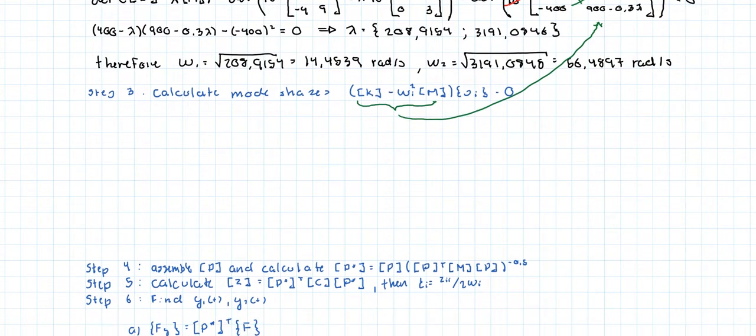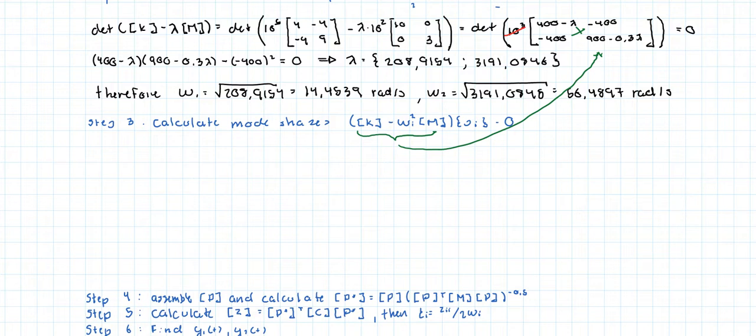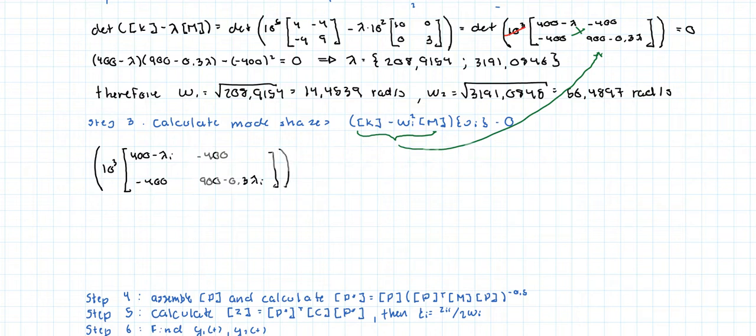So we're just gonna take 10 to the third times 400 minus lambda sub I, minus 400, minus 400, and 900 minus 0.3 lambda sub I, times the mode shape vector 1 and r sub I is equal to 0, or the 0 vector.